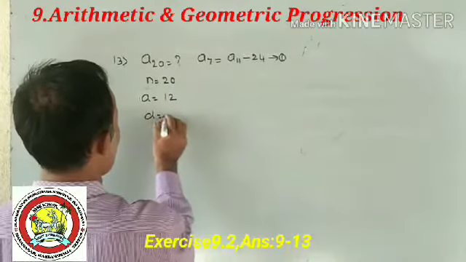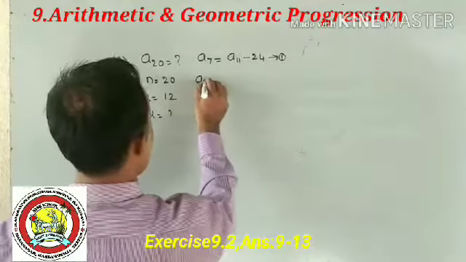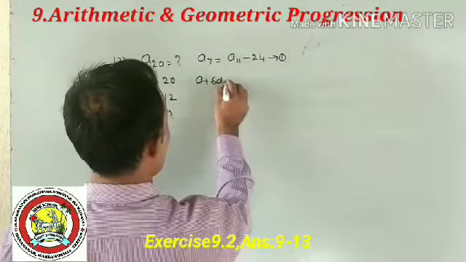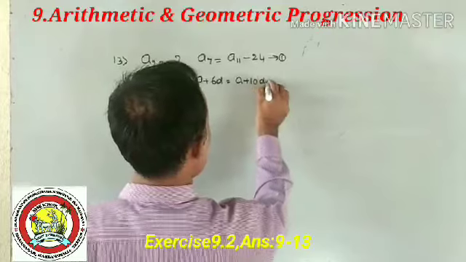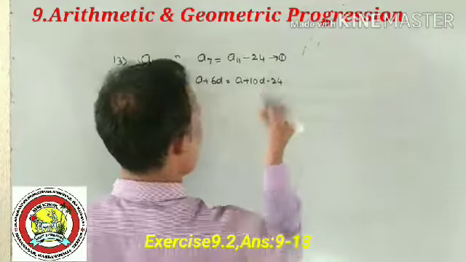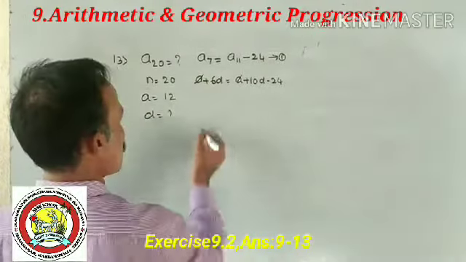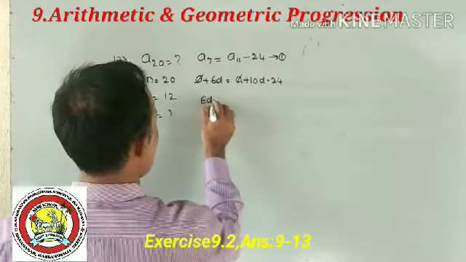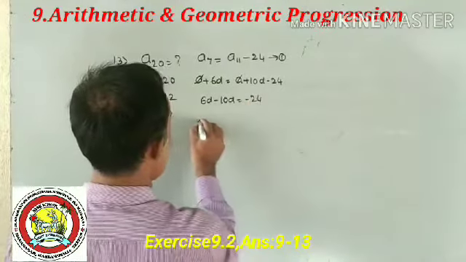We don't know D. First we find the value of D. A7, A plus 6D, is equal to A plus 10D minus 24. Okay? No need to replace A, it gets cancelled. So 6D minus 10D is equal to minus 24.